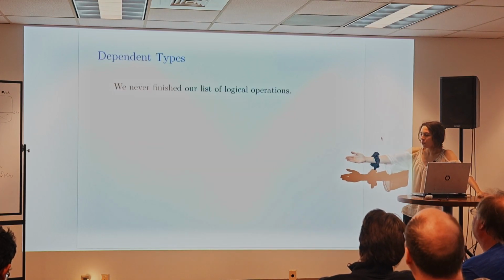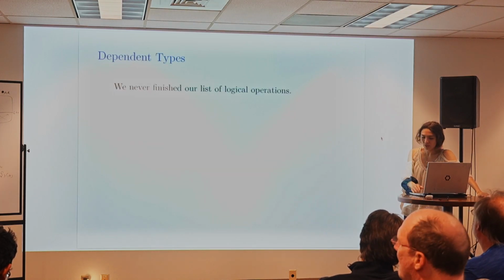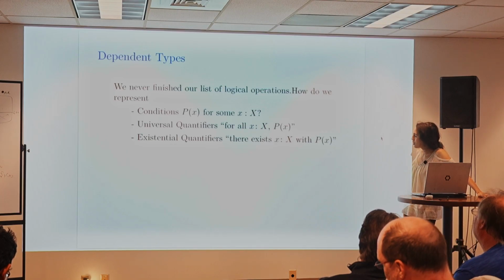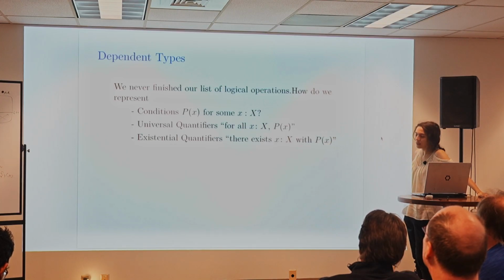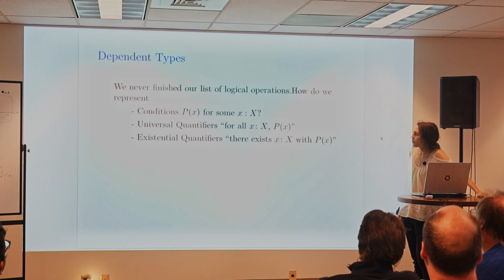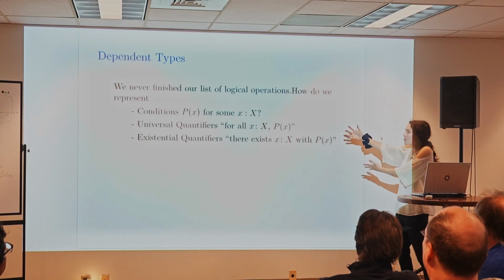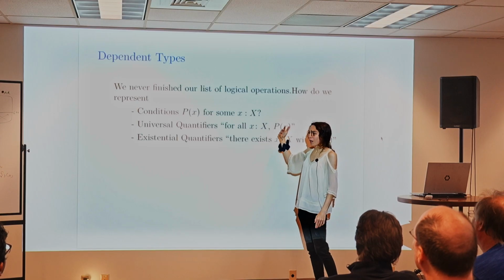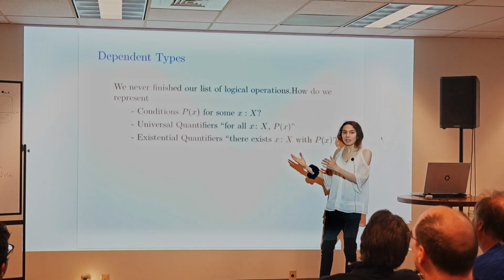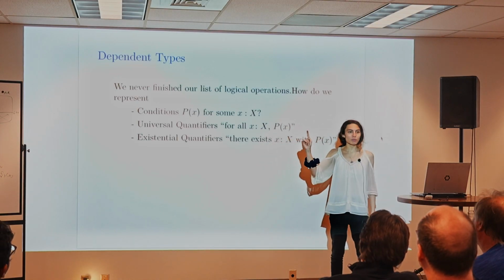Okay, as you were pointing out, we never finished our list of logical operations. We need conditions, we need universal quantifiers, we need existential quantifiers, right? Do these make sense to people as reasonable things that you'd want? If I say I have a proposition, P, that proposition refers to one thing that could be true or false.